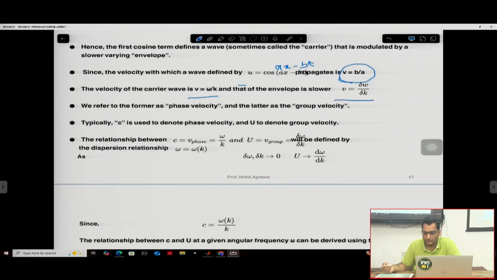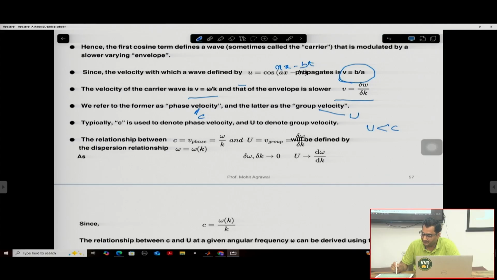So you can call the envelope wave velocity the group velocity and the carrier wave velocity the phase velocity. Basically, phase velocity is represented by small c and group velocity by u, and u is less than c, right?